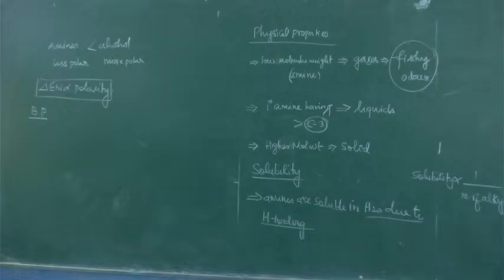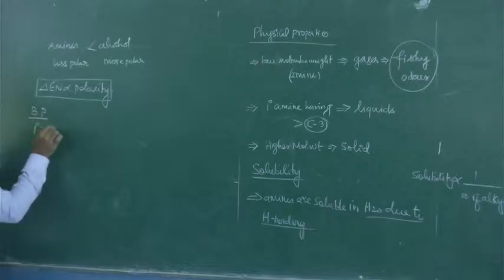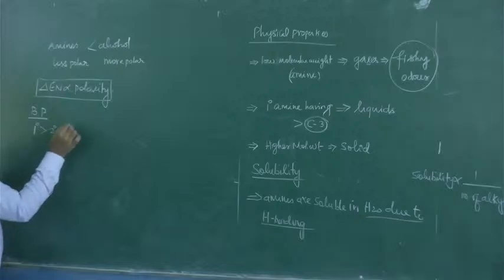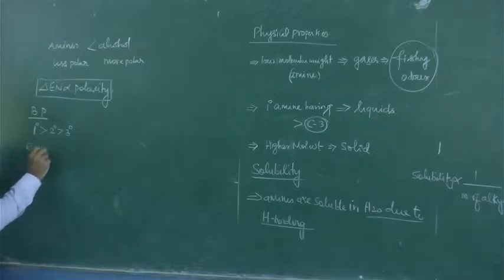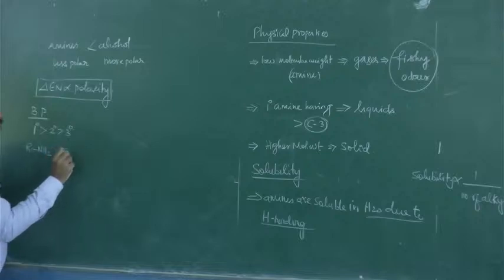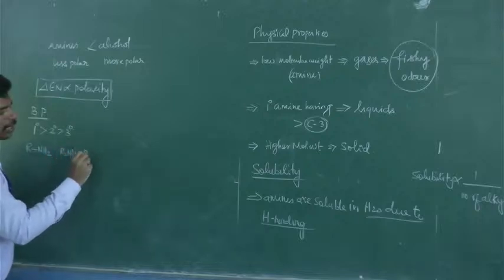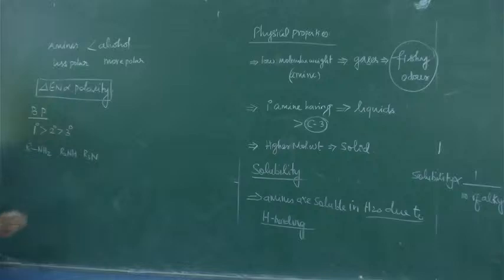Hydrogen bonding between water and amine. Now the next important physical property is boiling point. Is it clear? Which has the higher boiling point, for example among primary amine, secondary amine and tertiary amine? The primary amine is RNH2, the secondary amine is R2NH, the tertiary amine is R3N. Is it clear?